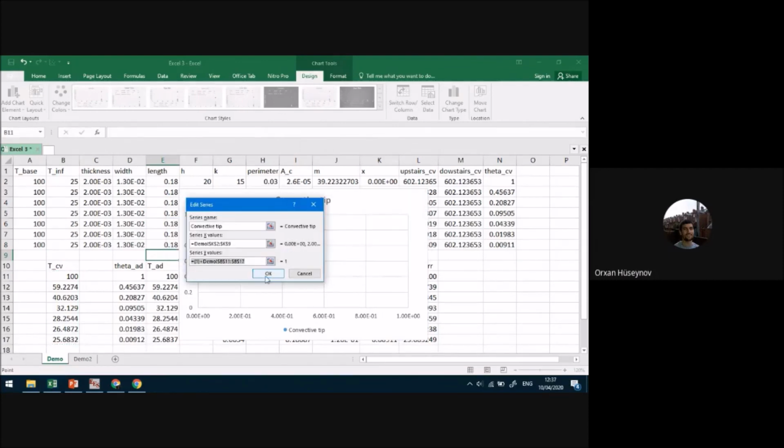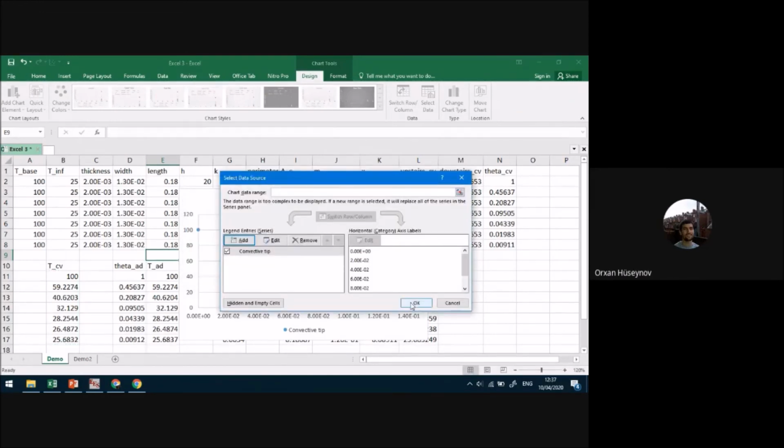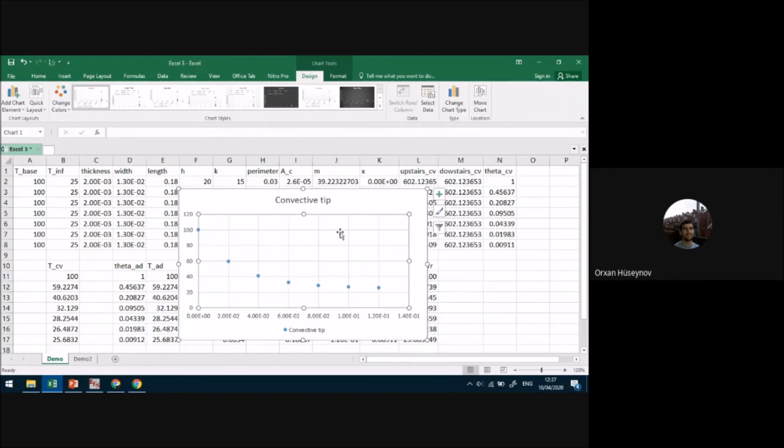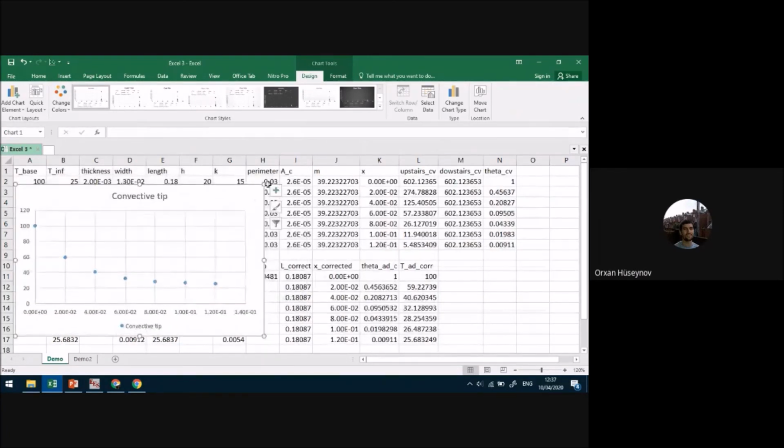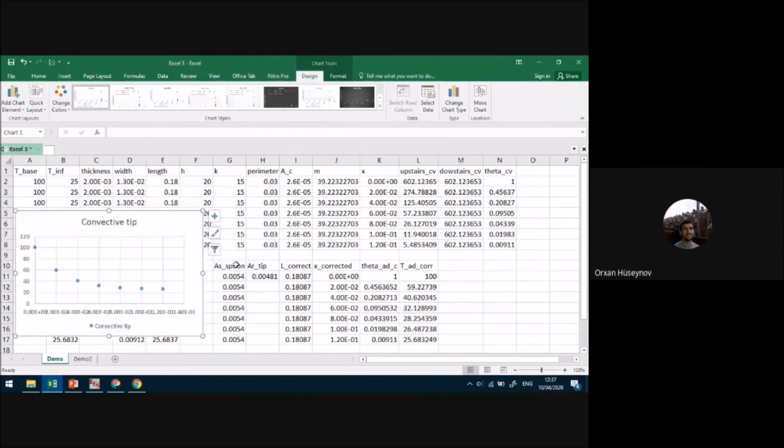See how our graph looks. So our y values again, these are the y values. So these are x values, these are y values. Let's see it. Yes, this is the shape of the convective tip. Now let's add one more graph here, which is the adiabatic tip.